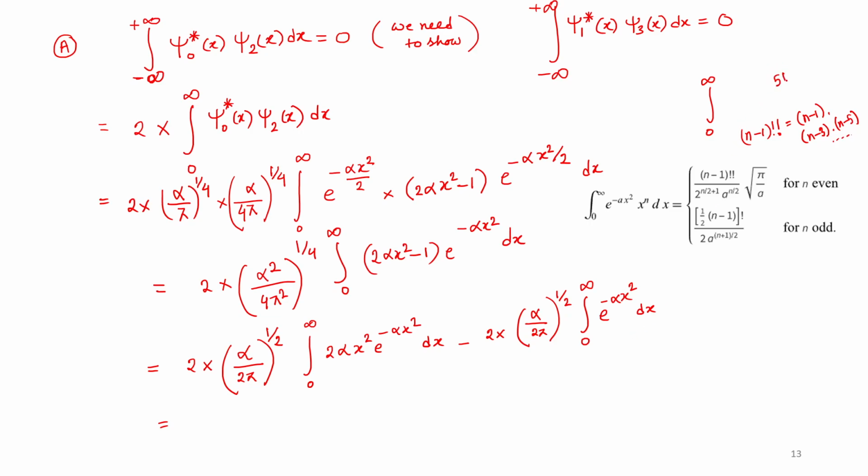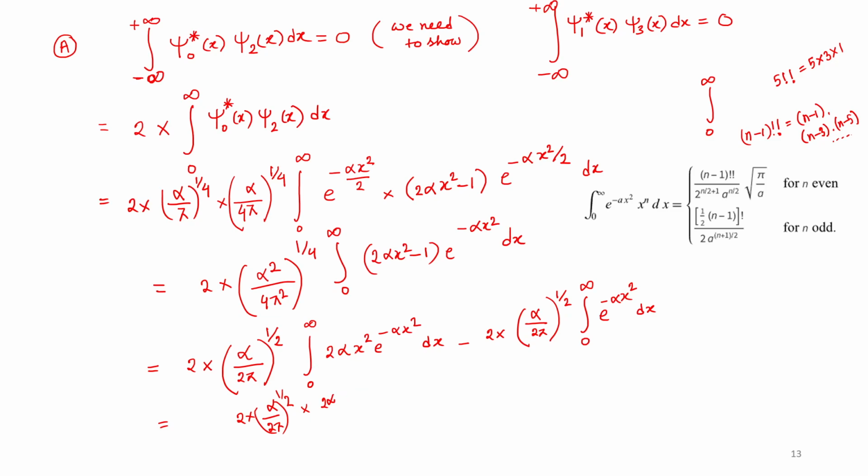Suppose 5 double factorial is 5 into 3 into 1. So 2 into alpha by 2 pi to the power half, 0 to infinity, 2 alpha is constant into x square.